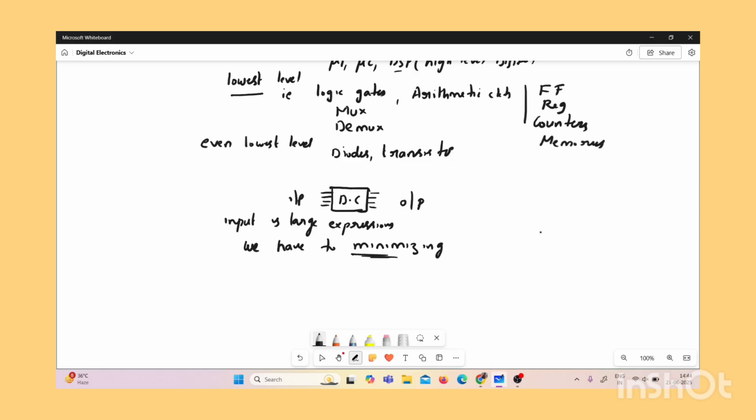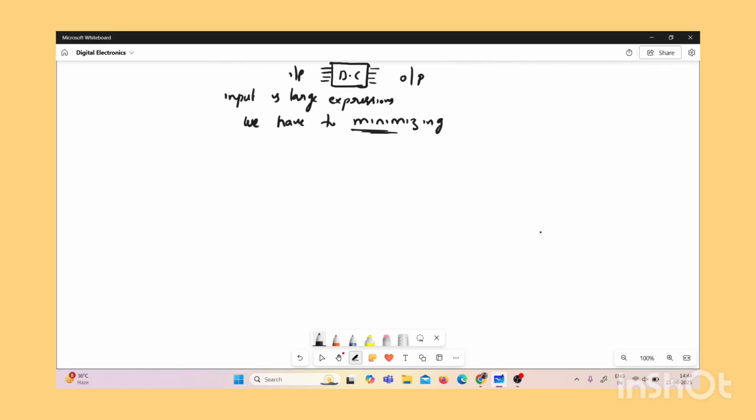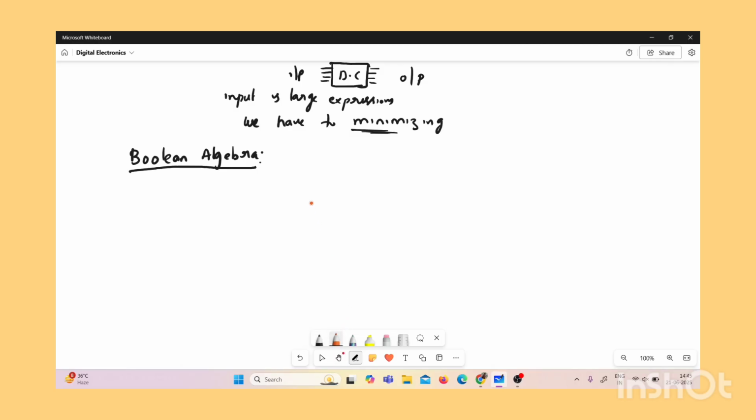So let us move on to the first topic called Boolean algebra. The main purpose of studying Boolean algebra is logical expression minimization.